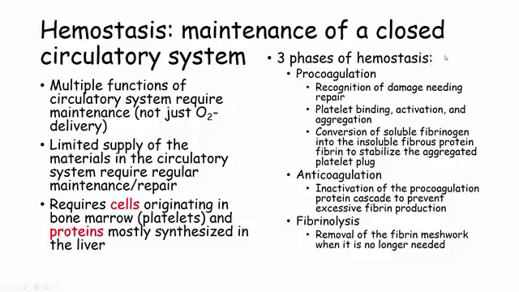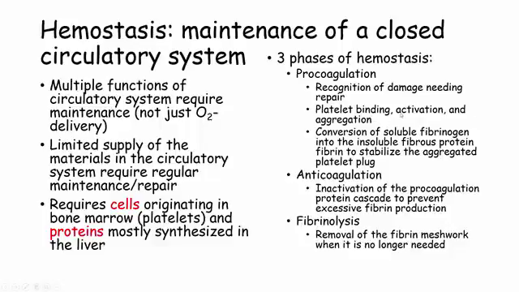Hemostasis occurs in three phases. In the first phase, which is called procoagulation, what happens is that damage to the circulatory system, in other words, a blood vessel that's been damaged such that it's leaking and not maintaining or containing its materials, is recognized, and upon this recognition of damage, several things happen.